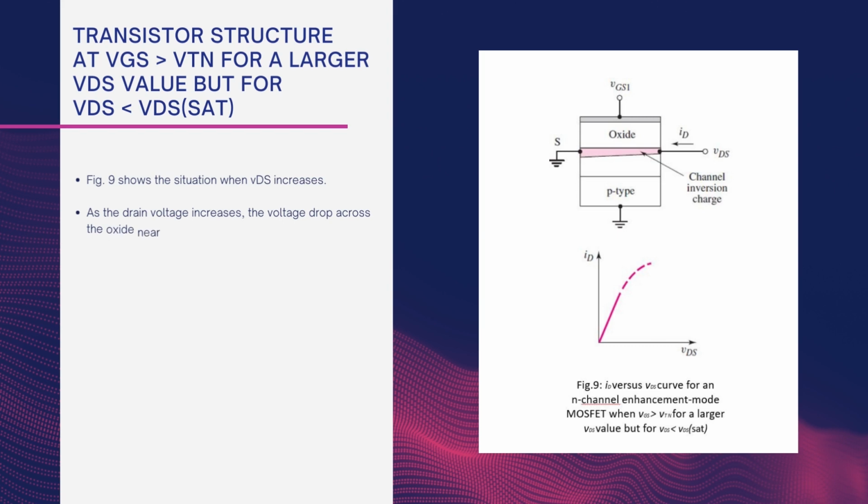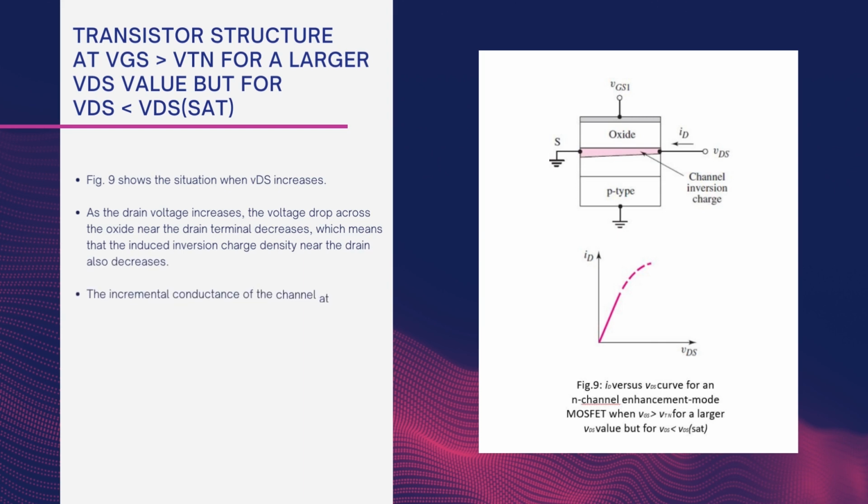Figure 9 shows a situation when VDS increases. As the drain voltage increases, the voltage drop across the oxide near the drain terminal decreases, which means that the induced inversion charge density near the drain also decreases. The incremental conductance of the channel at the drain then decreases, which causes the slope of the ID versus VDS curve to decrease.